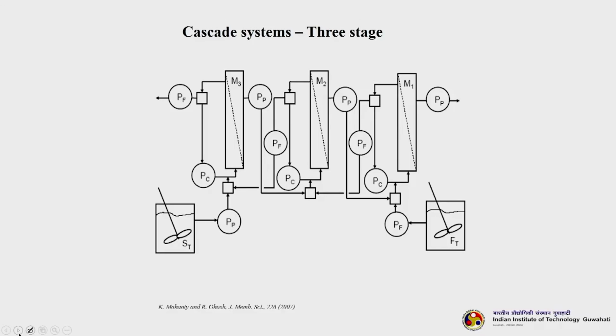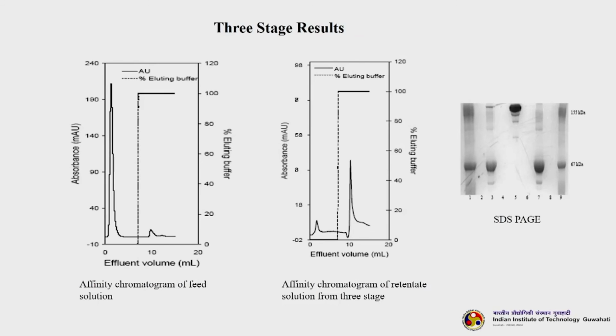Then, to the same system we added one more membrane, so it has become a three stage system. In the three stage system, you can see the initial feed, and how the MAB purification has increased. This is an SDS gel. You can see this is the concentrated monoclonal antibody, completely separated. There is almost no impurity present in this lane.